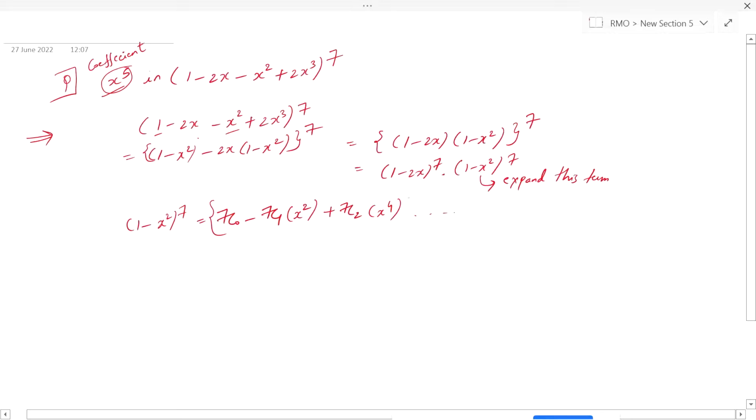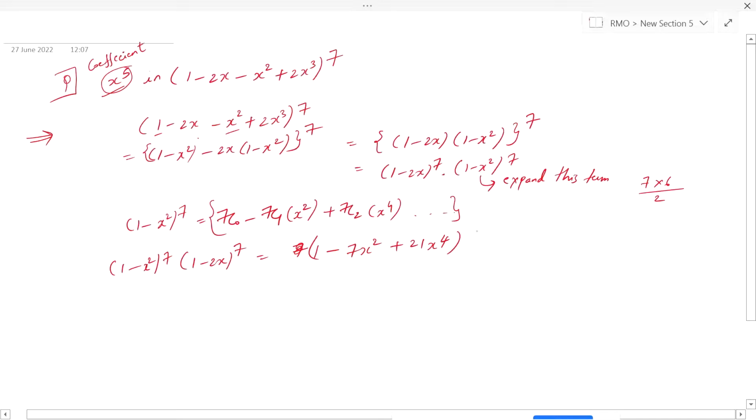So when you multiply (1 minus x square) raised to 7 into (1 minus 2x) raised to 7, instead of (1 minus x square) I am writing 7c0, which is 1, minus 7c1, which is 7x square, plus 7c2, which is 7 into 6 upon 2, that is 21, x raised to 4.